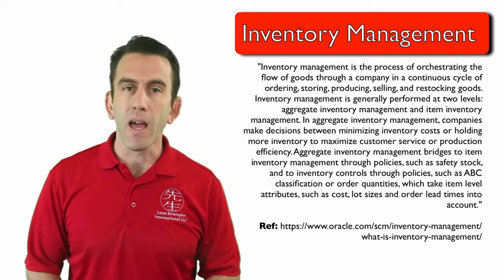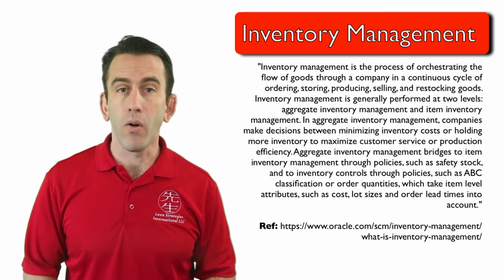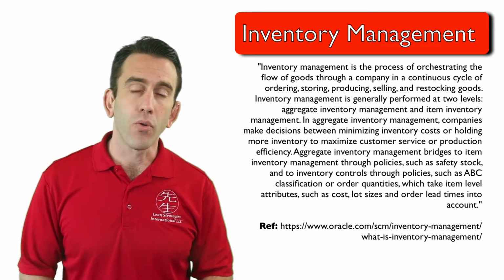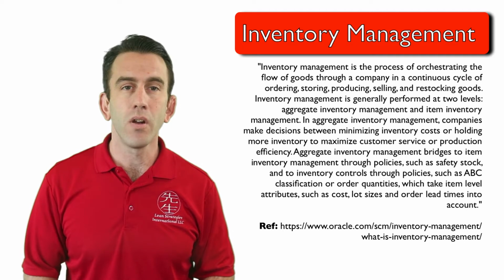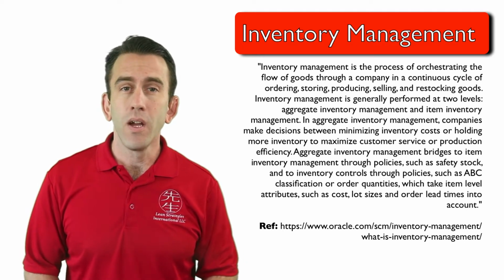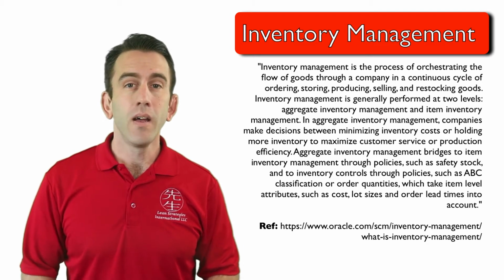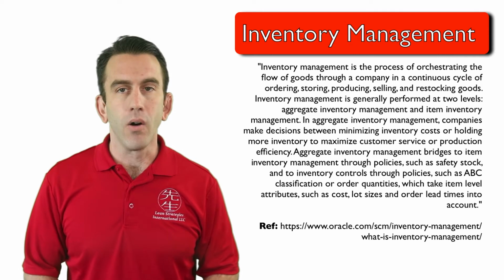Aggregate inventory management bridges to item inventory management through policies such as safety stock, and to inventory controls through policies such as ABC classification or order quantities, which take item-level attributes such as cost, lot sizes, and order lead times into account.